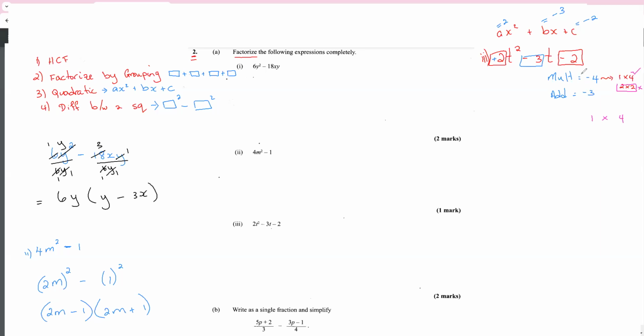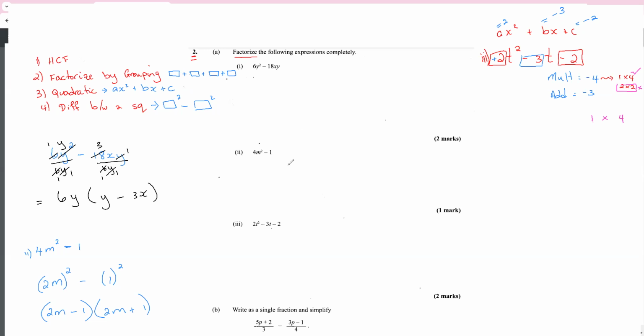Now, in order for them to be negative when we multiply, one of them must be negative. Which one will be negative? You have to go back to your rules with positive and negative numbers.